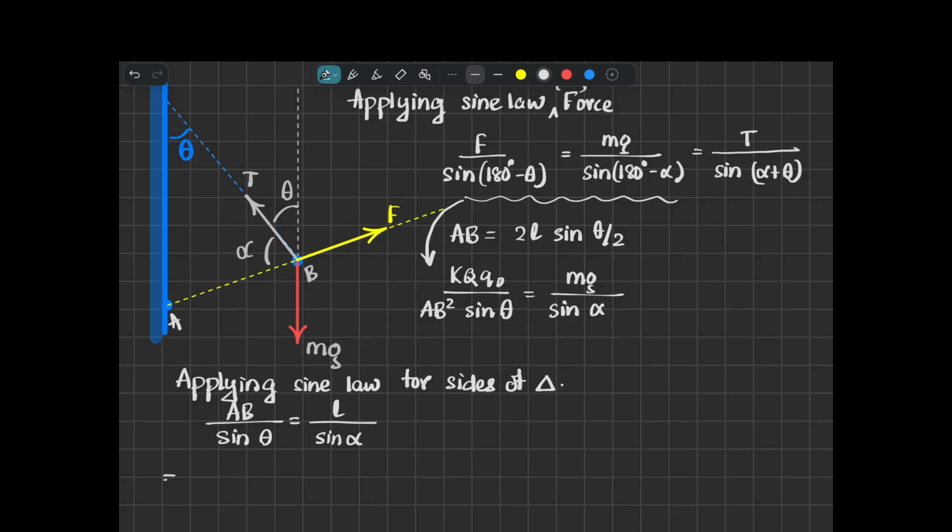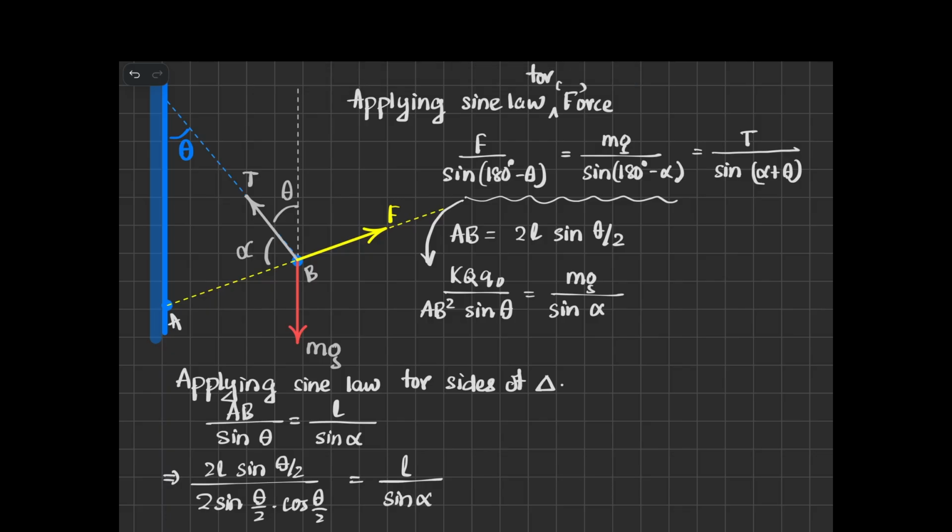So AB term equals 2 times L sine theta by 2 by sine theta. Sine theta I am writing as 2 sine theta by 2 times cos theta by 2, because sin theta by 2 can cancel out now. This will be equal to L by sin alpha.